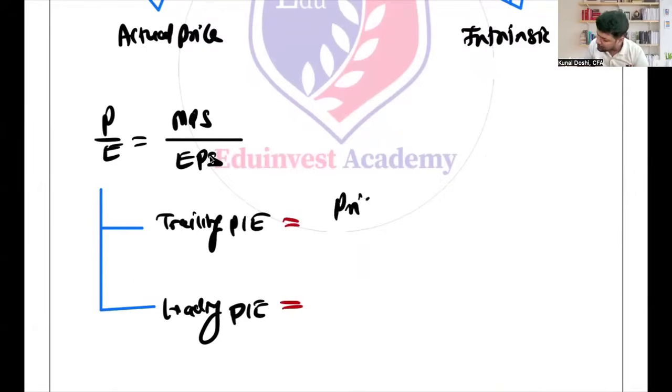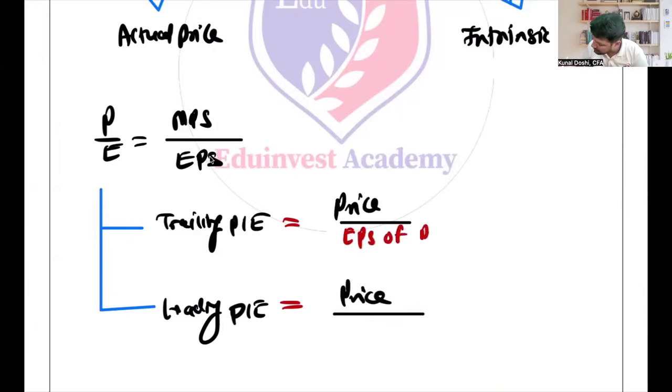Price is going to be common under both cases, but the difference is related to earnings. Trailing means past, so I will use EPS of the last 12 months, the previous 12 months. This is the last year EPS, or E0.